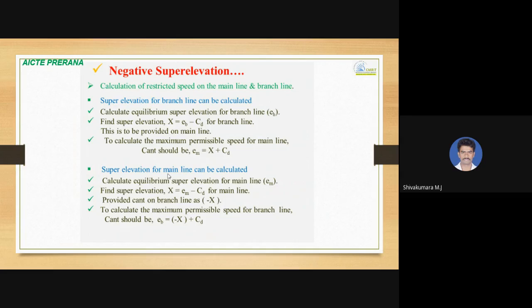First we have to calculate the equilibrium superelevation for the main line, this is EM, and the superelevation X will be equal to the equilibrium superelevation minus the cant deficiency for the main line, which is fixed for the main line. And the provided cant on the branch line, that is minus X, that is the negative superelevation which is provided. So to calculate the maximum permissible speed for the branch line, the cant should be EV equal to minus X plus CD. So that is CD minus X.